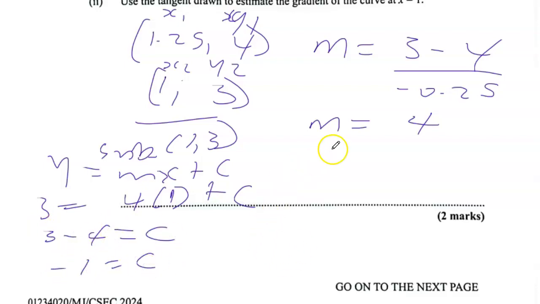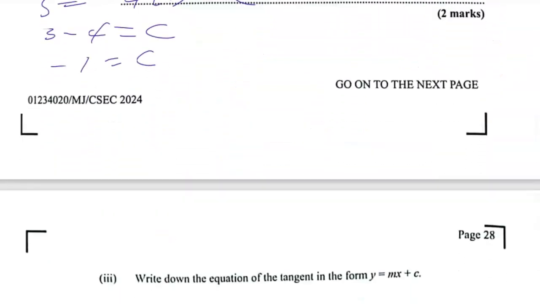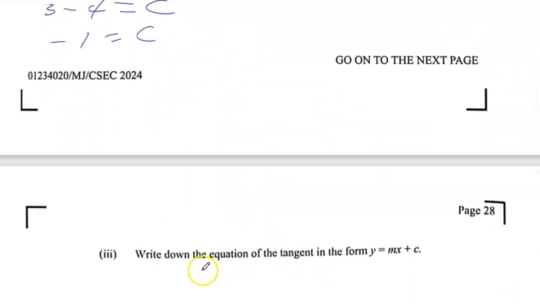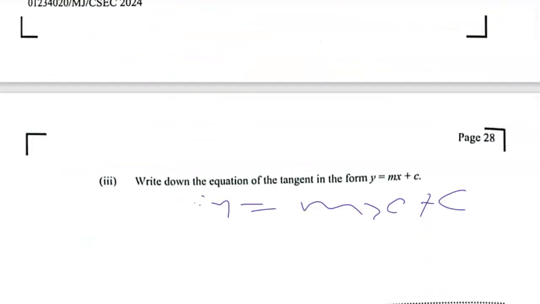So therefore the gradient is 4. Are we asked for the equation? Oh, the equation here. The equation is y equal to mx plus c, and we know m is 4 and c is negative 1. So it's y equal to 4x minus 1.